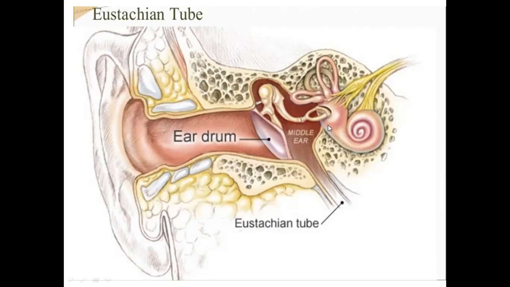The fenestra cochlea, or round window, is covered by a secondary tympanic membrane, and whenever the sound waves transmit from the scala vestibuli to the scala tympani, the secondary tympanic membrane bulges out due to the vibrations of the perilymph. So sound waves transmit to the oval window, the scala vestibuli, the scala tympani, and cause bulging of the secondary tympanic membrane, which covers the round window or fenestra cochlea.